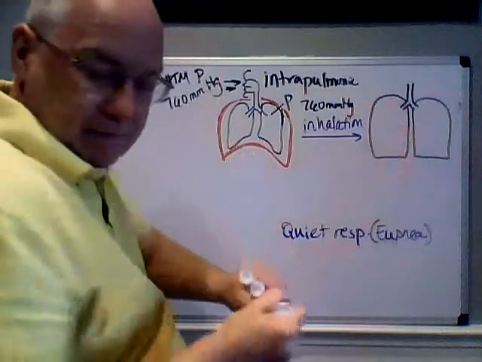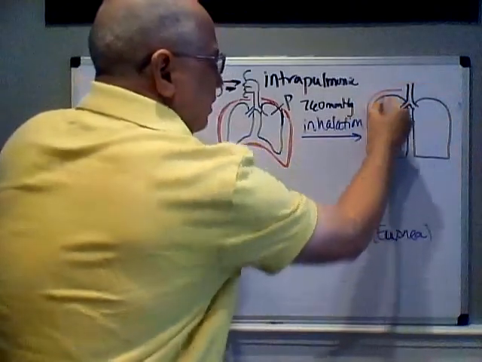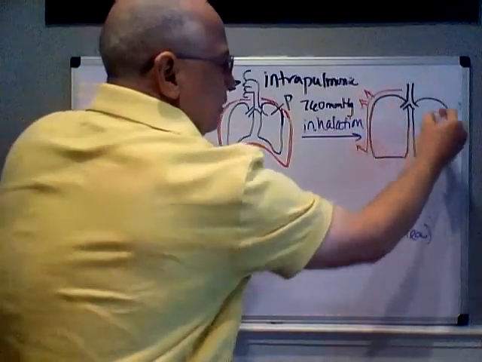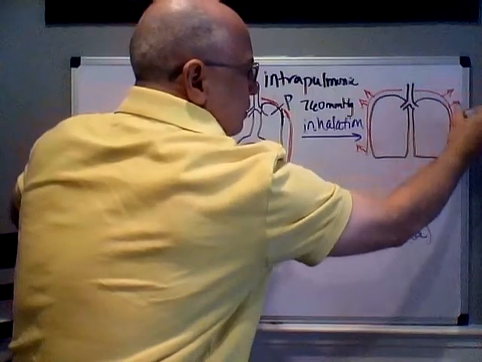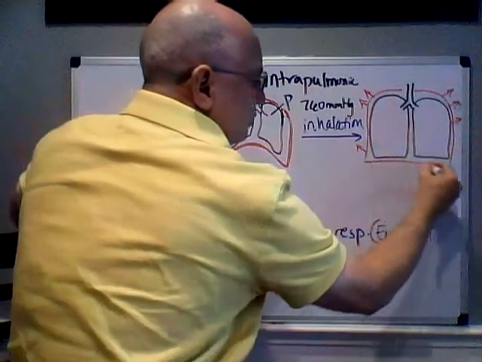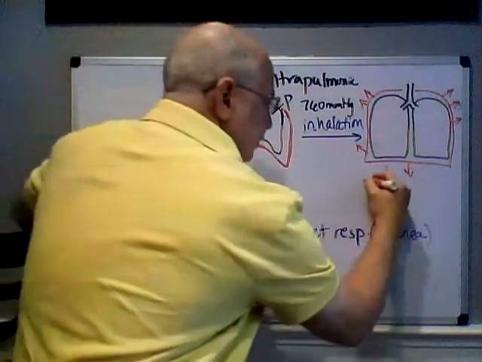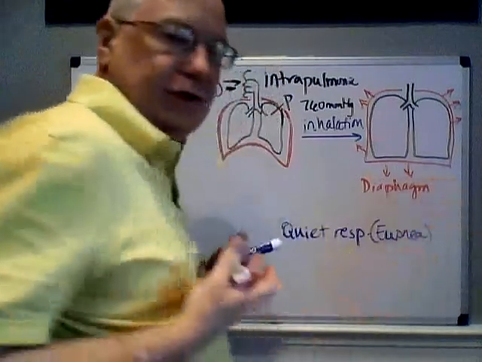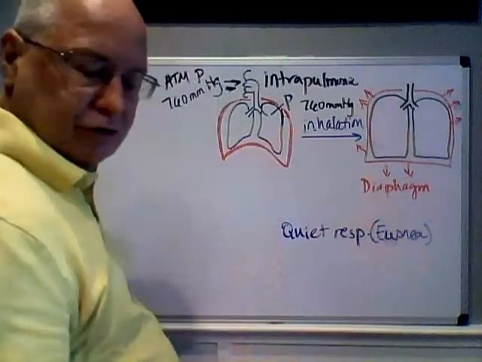And the reason that happens is because these muscles out here are pulling up and out this way on both sides. And the diaphragm has been pulled down. So this is your diaphragm. When your diaphragm, which is a skeletal muscle, contracts, it's like pulling the bottom of the plunger.